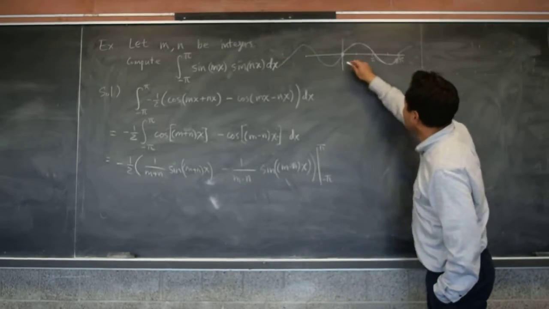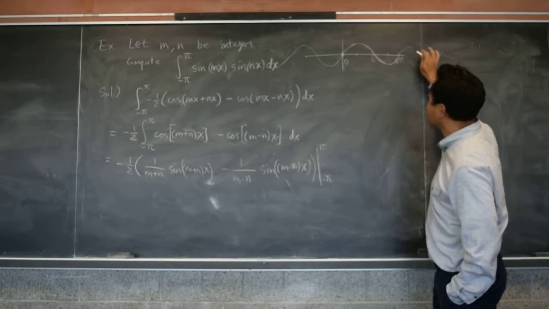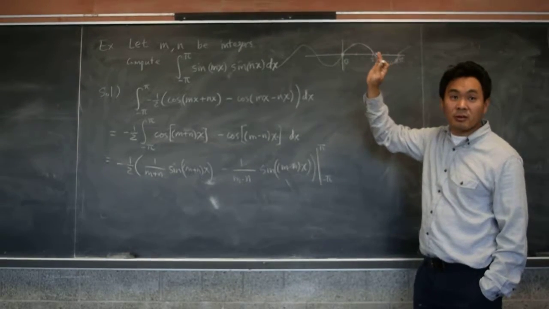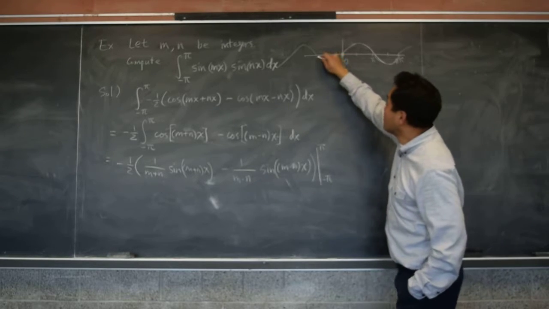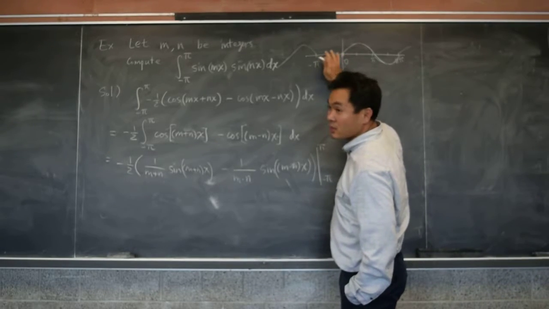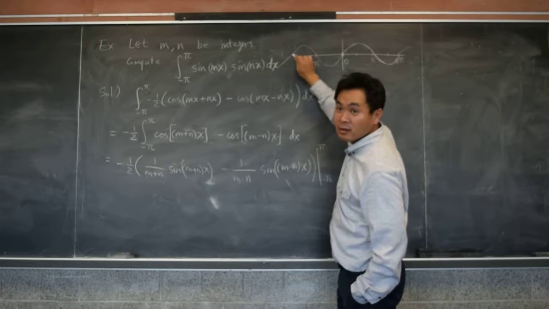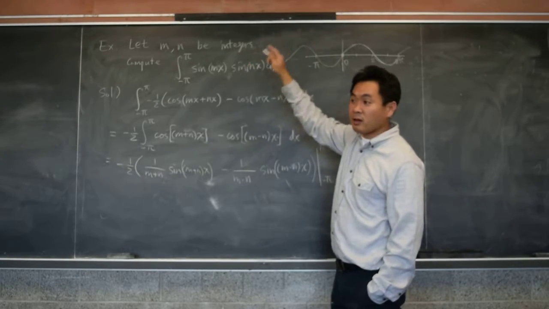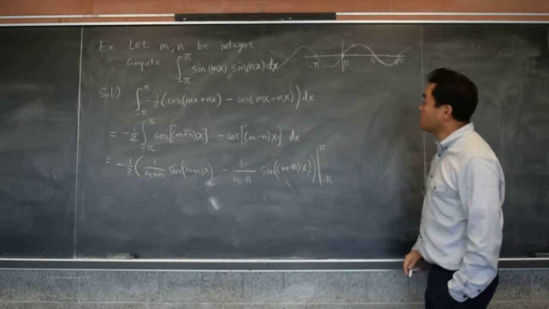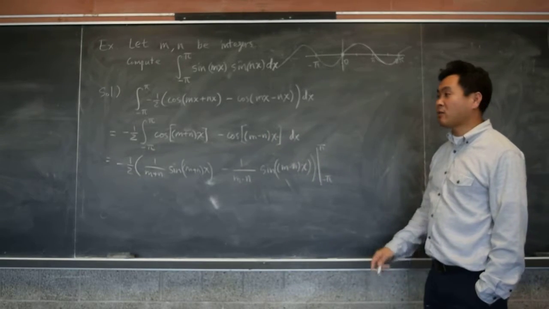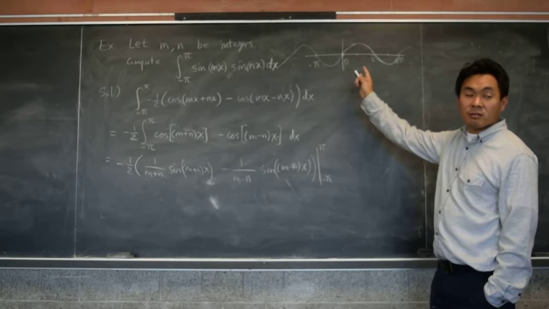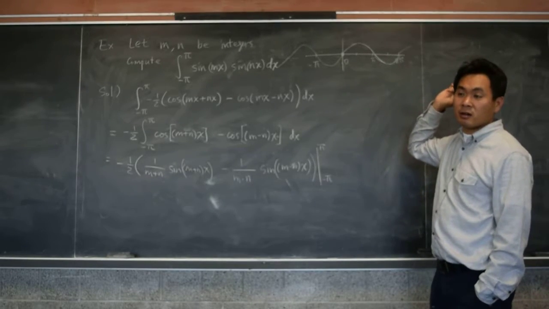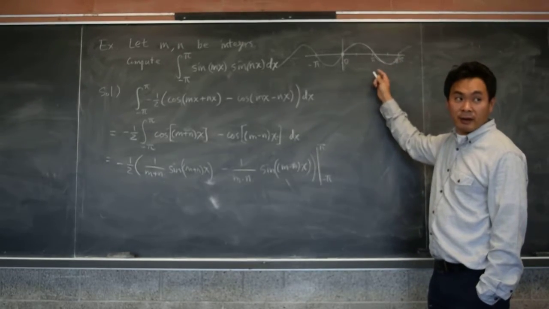It's 0 at 0, pi, and 2 pi, and the next stop when it hits 0 is 3 pi. On the left side, it would be negative pi, negative 2 pi, and the next is negative 3 pi. So all the x-intercepts are at some integer multiple of pi.